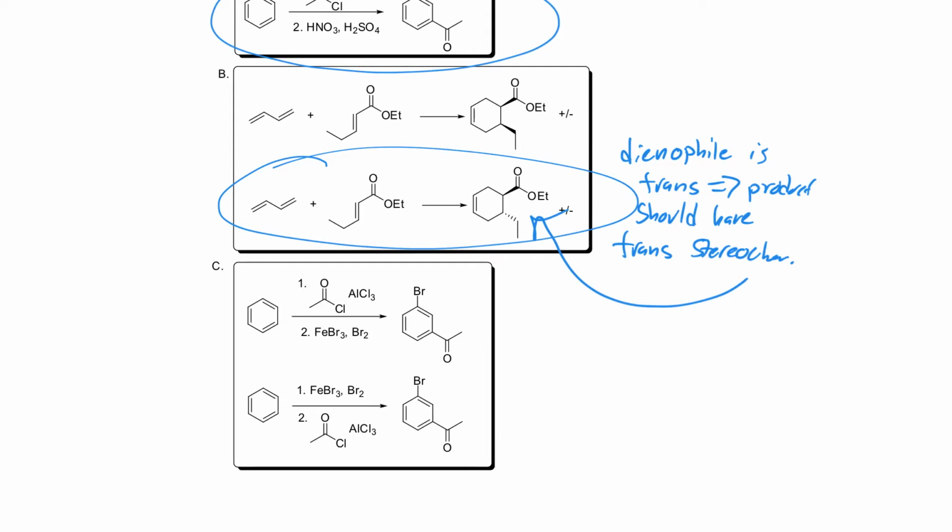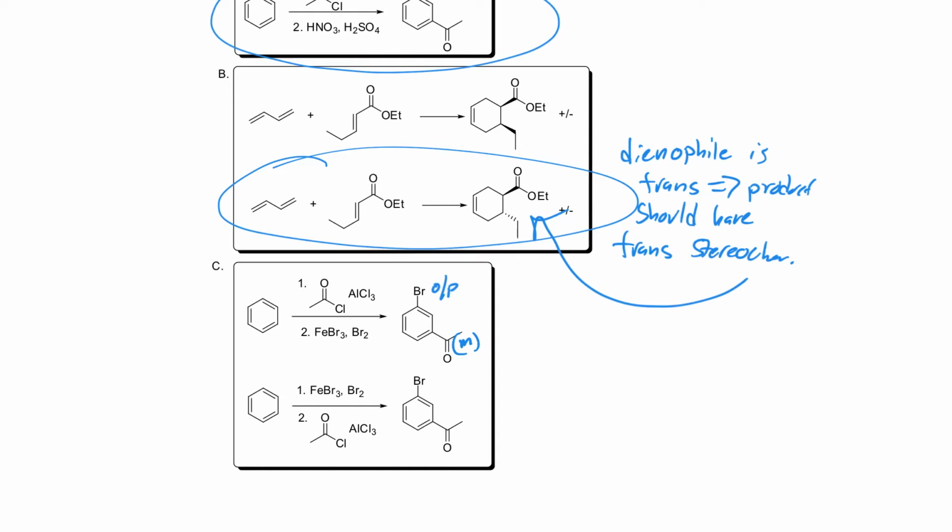And lastly, looks like we again have substitution on a ring, the same 2 substituents going on in different orders, and we've got the same products here. And so we can observe that the bromine is ortho-para. I got some people telling me that it was meta, and that was obviously not correct. So that didn't help your points earning in this particular problem.